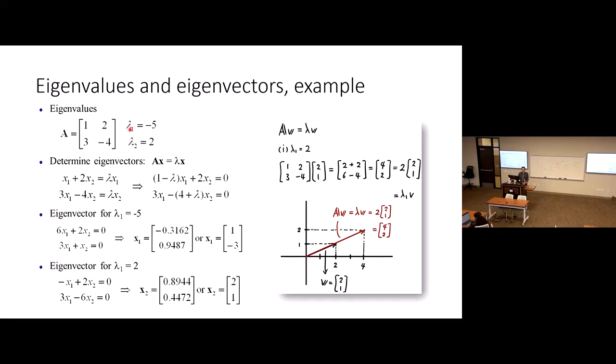If you plug lambda 1 with x1, it will satisfy this equation. Then you can find another, where lambda equals 2, with the eigenvector 2, 1. If you plug these two numbers in, you will get the equation satisfied. But you cannot mix up lambda 1 with x2. They're not a pair, okay? Not the corresponding pairs.